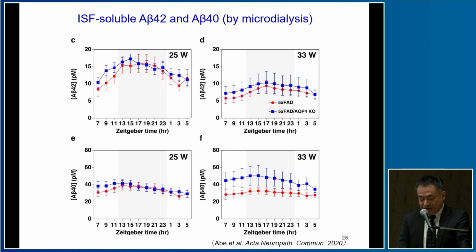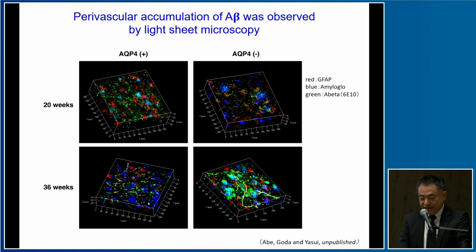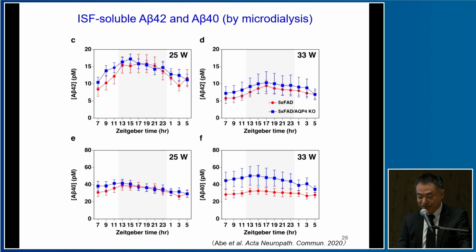And next, we also examined soluble A-beta 42 and 40 in interstitial fluid by using microdialysis. The left panel shows the age of 25 weeks, and the right shows the age of 33 weeks. At age 25, for A-beta 42 and A-beta 40 in soluble form in interstitial fluid, there is no big difference.